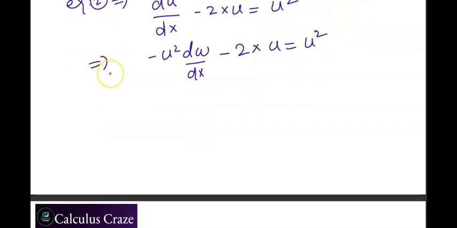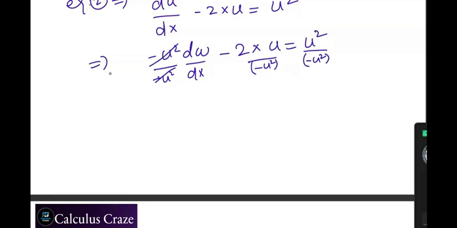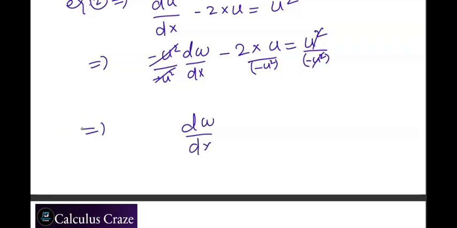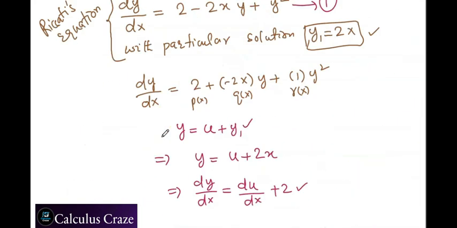And when you divide this equation, minus u squared with minus u squared, what we get here, these get cancelled, and we are left with the derivative of w with respect to x, so plus 2xu power minus 1 equals minus 1. But this u power minus 1 is w, right?